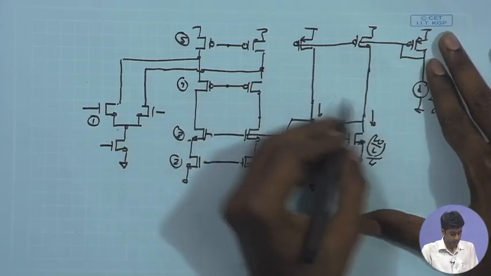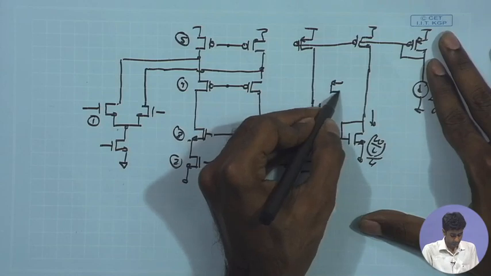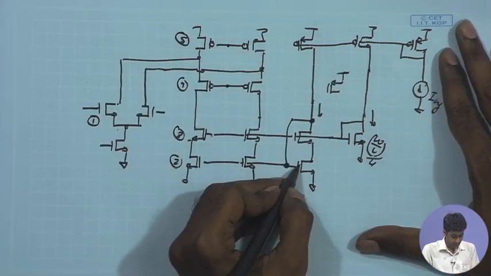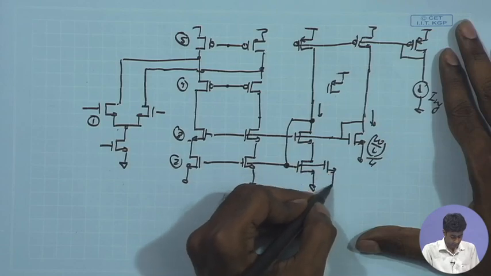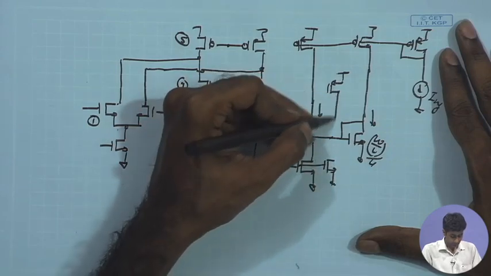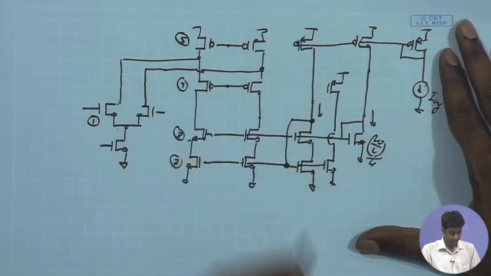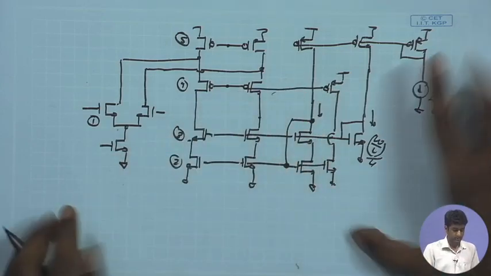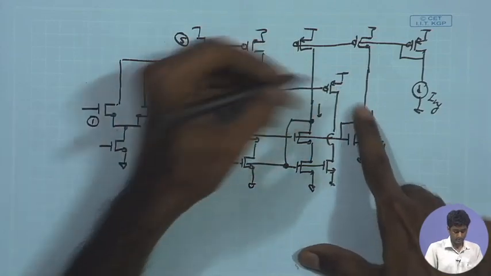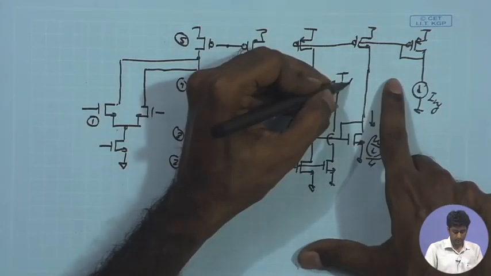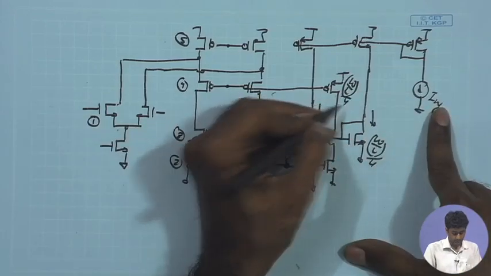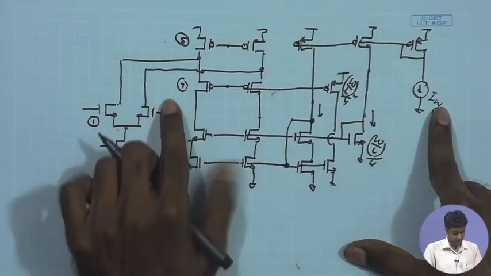So I can use a PMOS with a similar bias current. I can take a bias current from here and apply the same bias current, and with this I can try to bias the PMOS stack, and again I can try to make sure that the W by L of this is 1 upon 4 times W by L of this fourth pair.